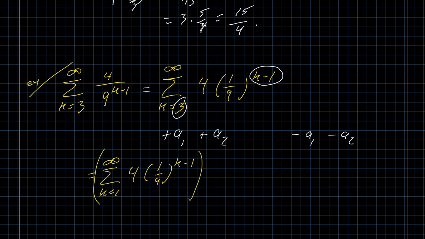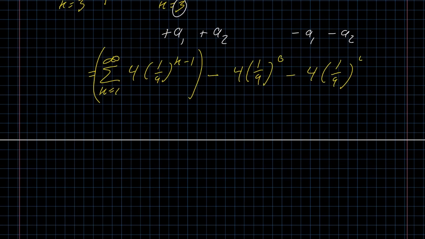All right, so I have that summation, but then I still have to subtract. When I plug in k equals 1, I get 4, let's put it this way, 4 times 1/9 to the 0, and I get 4 times 1/9 to the first when I plug in k equals 2.